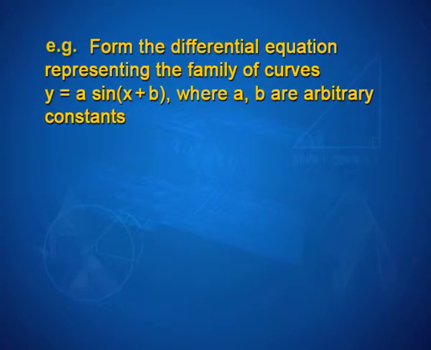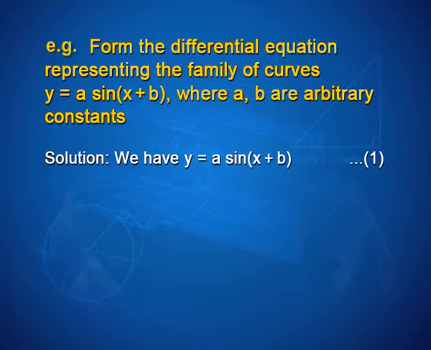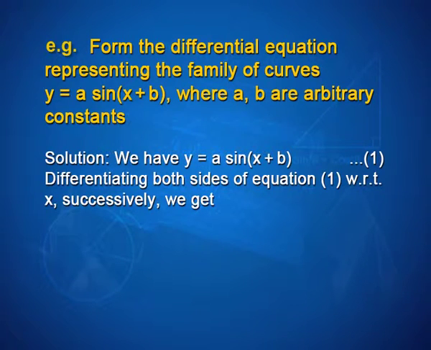Another example here. Form the differential equation representing the family of curves y = a sin(x + b), where a and b are arbitrary constants. For the solution, we have y = a sin(x + b). Take this as equation number 1. Differentiating both sides with respect to x successively, we get dy/dx = a cos(x + b).